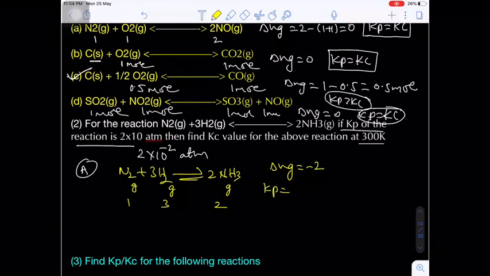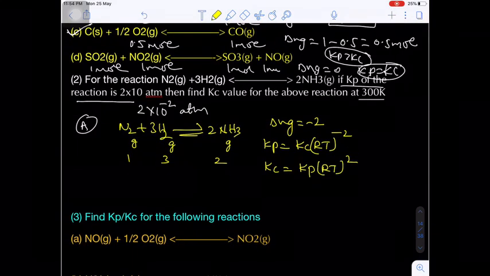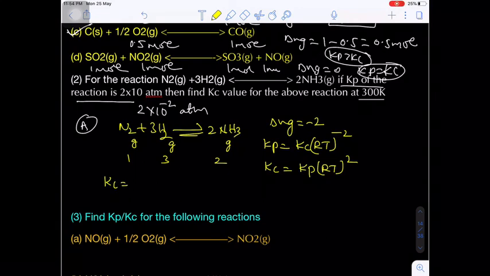Okay, so what is the relation here? Kp is equal to Kc RT whole to the power delta Ng. Delta Ng is minus 2. So Kp is equal to Kc RT whole power minus 2, or Kc is equal to Kp into RT whole square. Shall I write like this? Now here Kc is equal to, what is the Kp? 2 into 10 raised to minus 2 into, what is the R value?